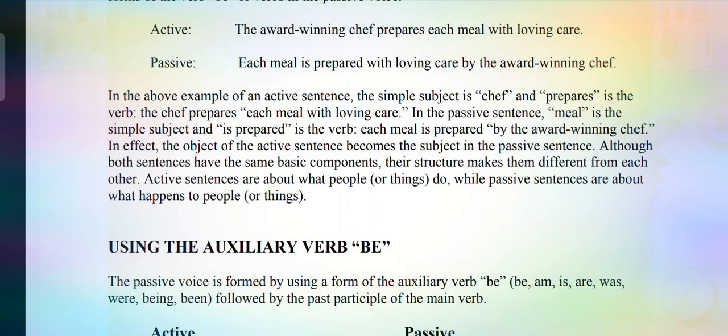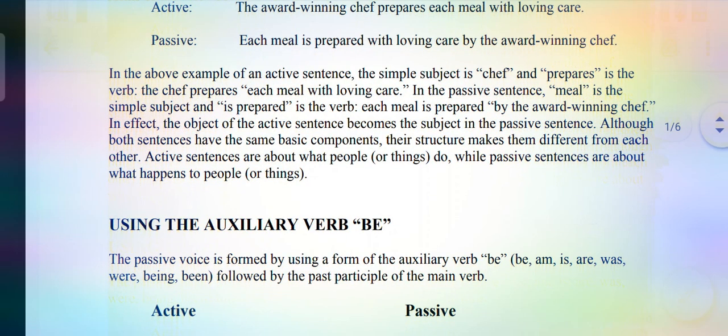Okay, and in the active voice, I do not play hockey, it means something is about what people do. I do not play, मैं क्या नहीं करता? हॉकी नहीं खेलता. लेकिन पैसिव वॉइस में हॉकी मेरे द्वारा नहीं खेला जाता. Something is happening to the subject of the sentence.